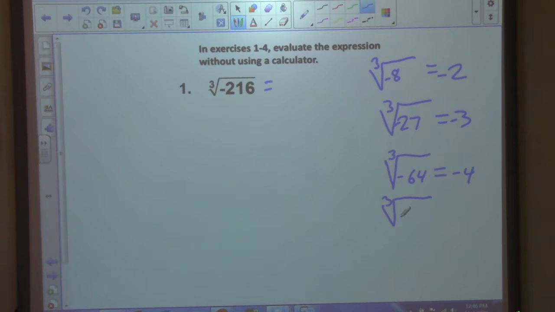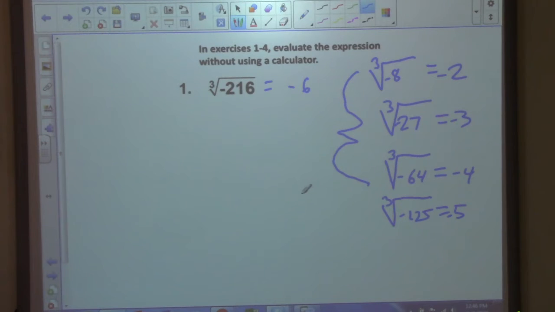What is the cube root of negative 125? Negative 5. And what is going to be the cube root of negative 216? Negative 6. And by the way, this is negative 5 here too, right? Yeah, that's it. These are ones that you should know.